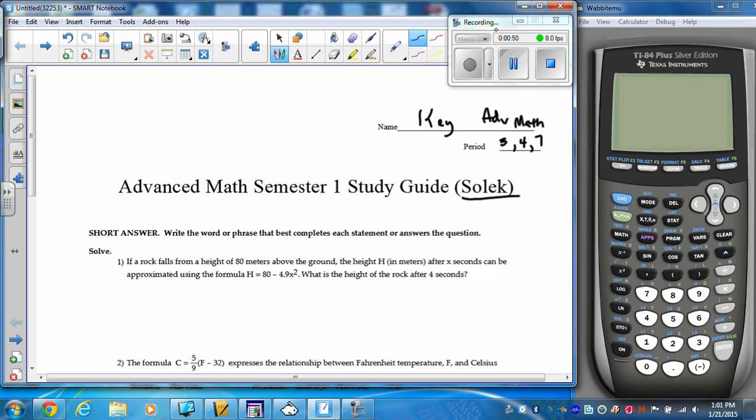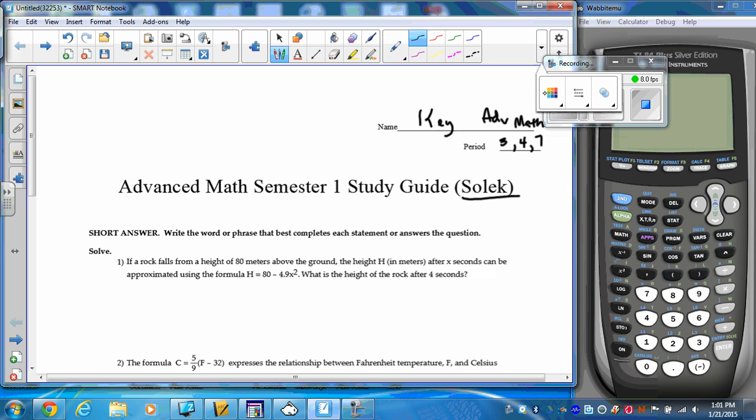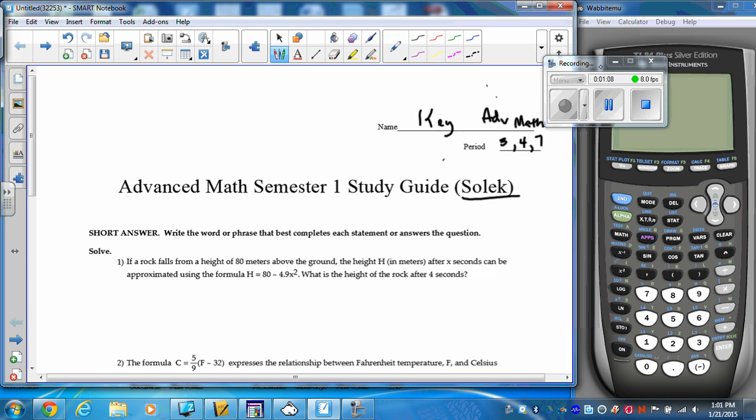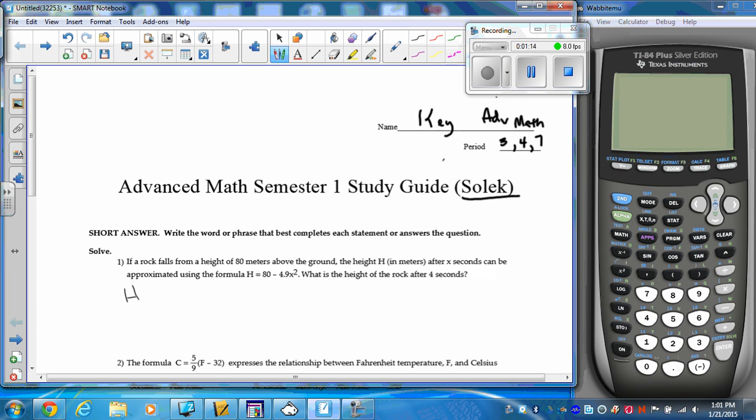So let's see if we can make this a little more manageable. So we're going to do h is equal to 80 minus 4.9x squared. And again, x is 4.